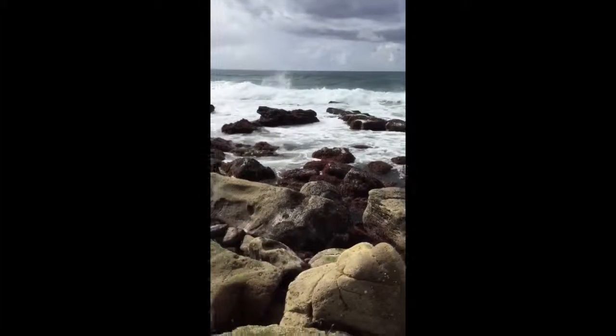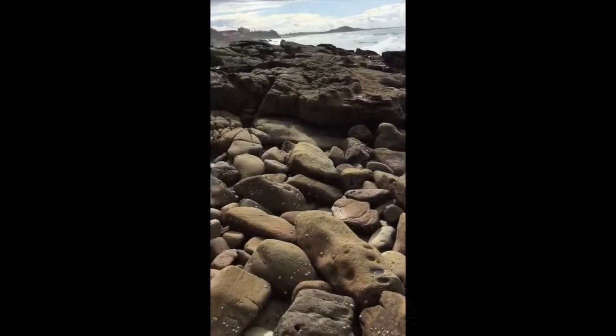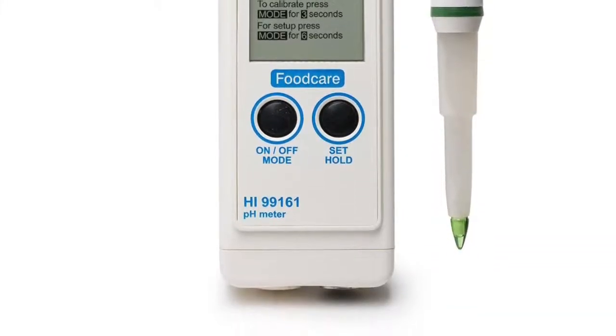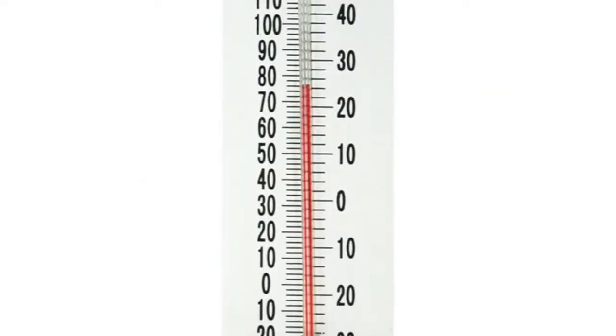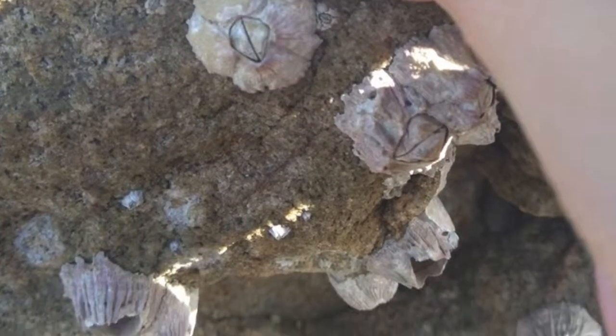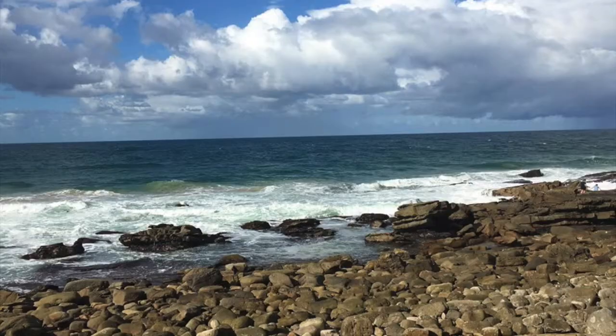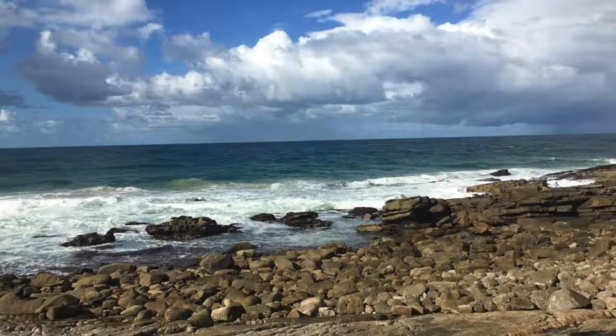The experiment was to see how biotic and abiotic factors influence rose barnacles. From this investigation, pH, distance, and temperature all affect rose barnacles. Particularly, pH in the long term is shown to affect barnacles and where they are on the rocky shore.